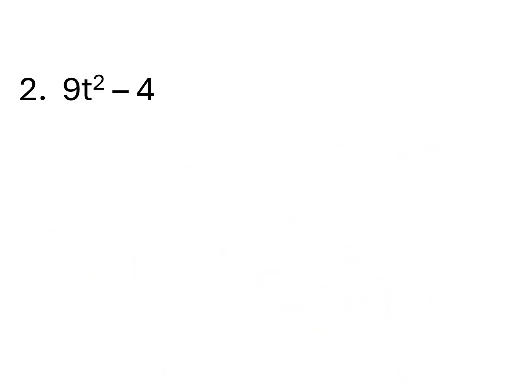To factor the polynomial expression 9t squared minus 4, we start by recognizing that this expression is a difference of squares. Why is it a difference of squares? Because 9 is a perfect square, t squared is a perfect square, and 4 is also a perfect square.